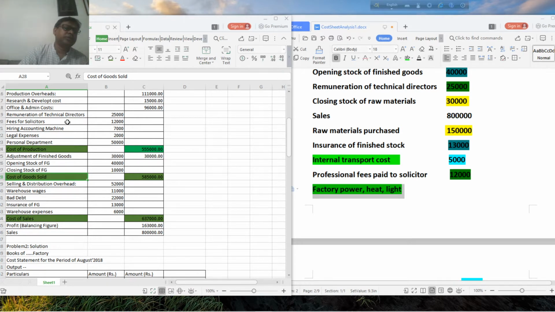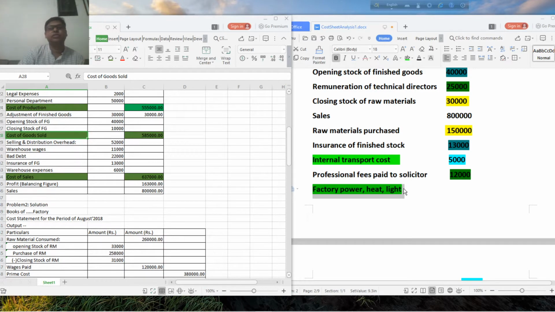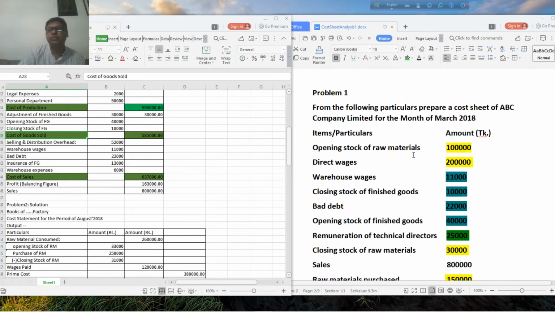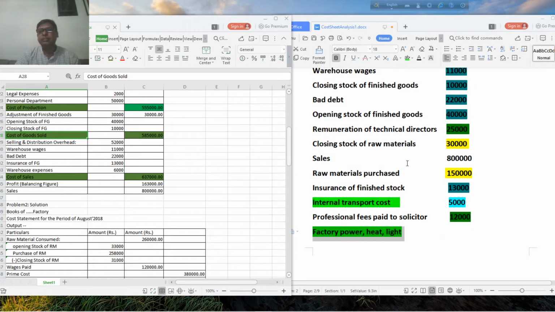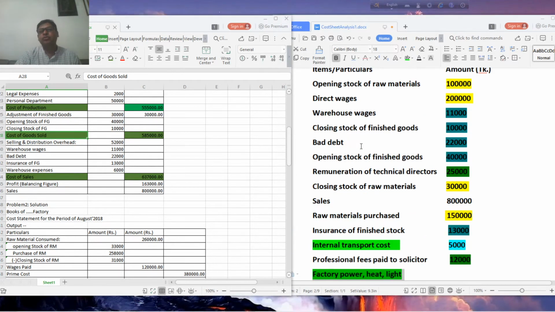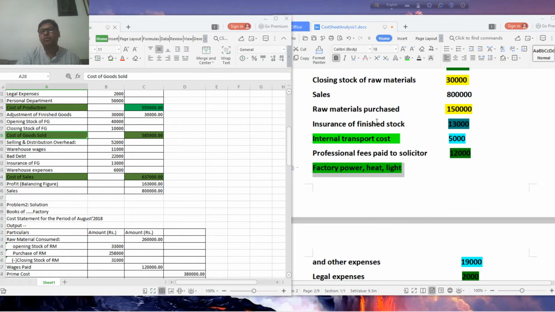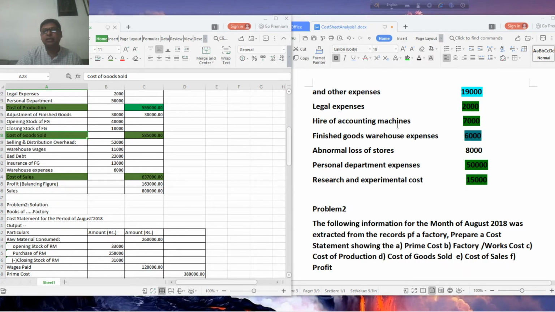Afterward, we have to find out the selling and distribution overhead. In this particular problem we saw that there are the finished warehouse expenditures, the bad debt, and finished goods insurance.